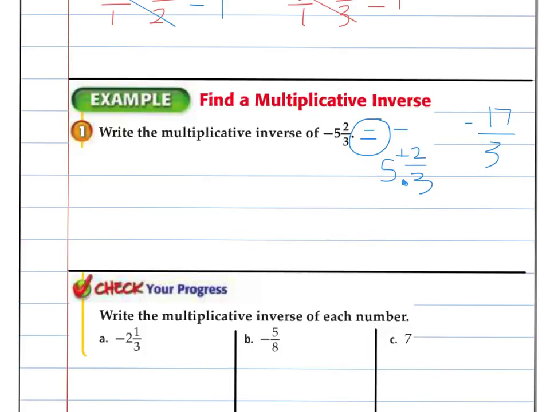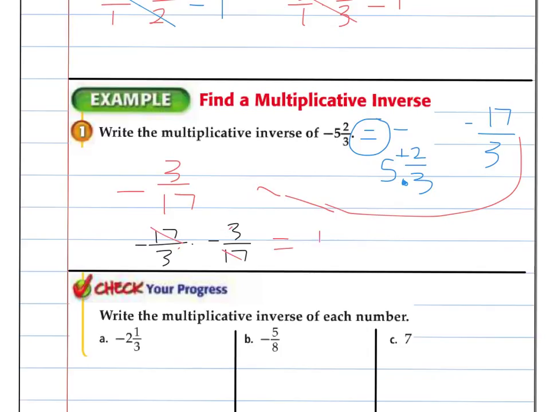The multiplicative inverse then is still going to be negative, because a negative times a negative would be a positive, and it'd be negative 3/17. And you can check, because negative 17/3 times negative 3/17, they're going to cross cancel, and you're left with just 1, a product of 1. So this is your multiplicative inverse.